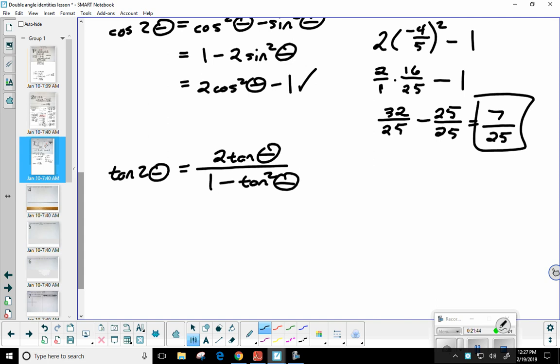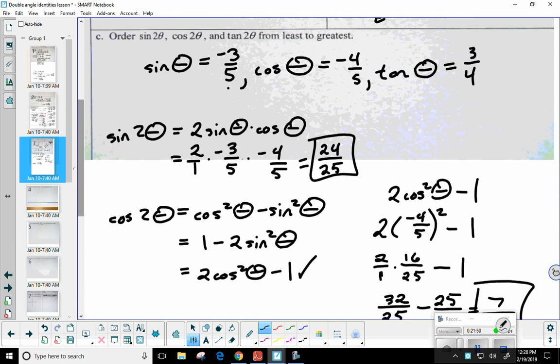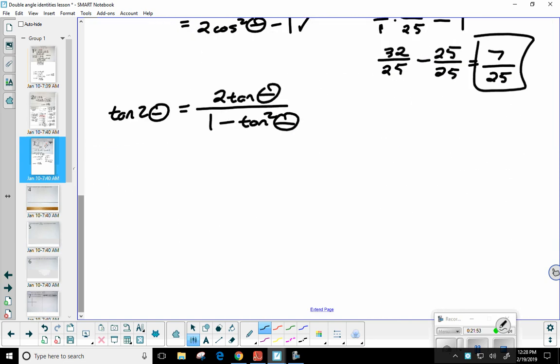Again, just plug in the right fraction and you simplify. What is tangent of theta? It is 3/4. So this would be 2 times 3/4 over 1 minus 3/4 squared.